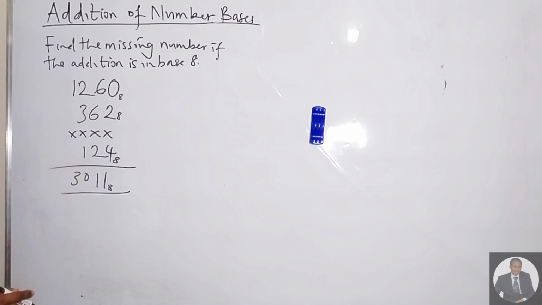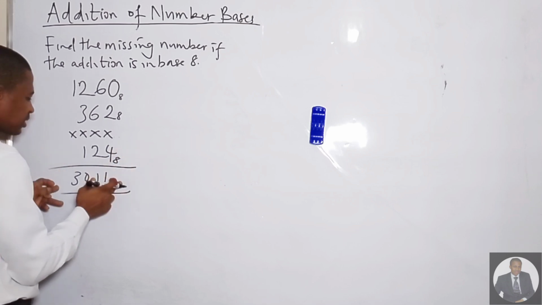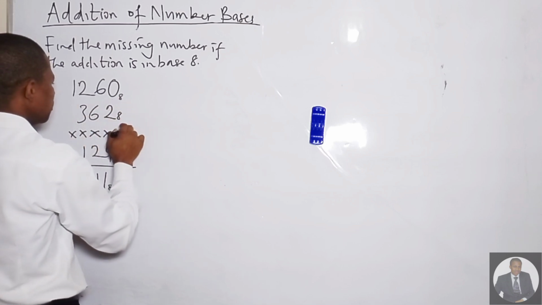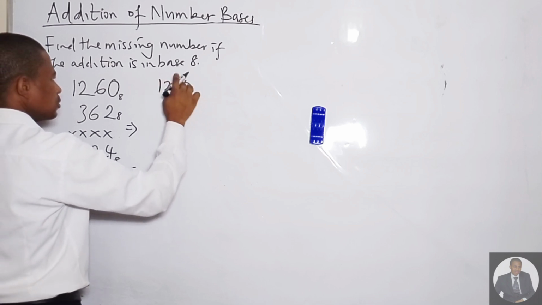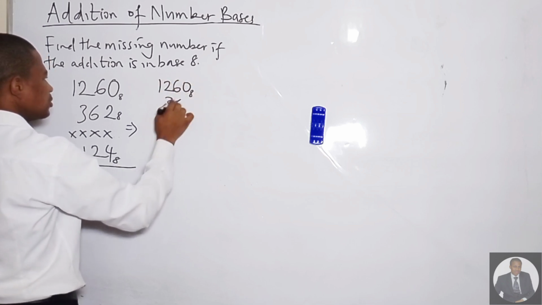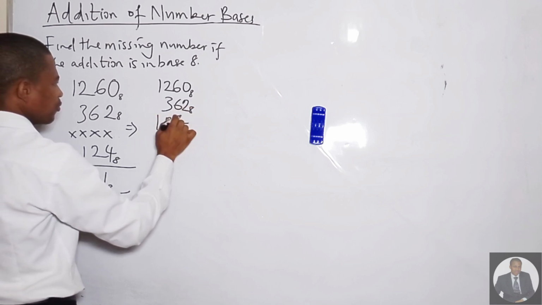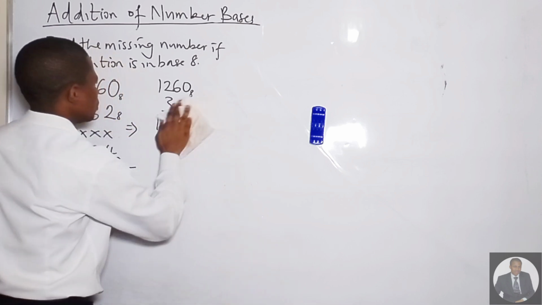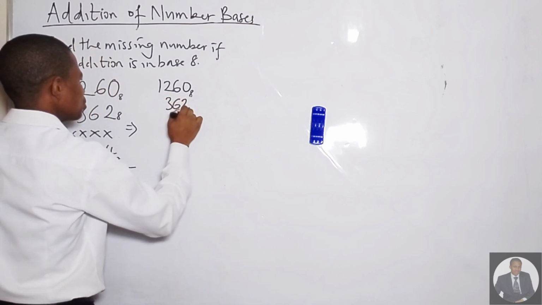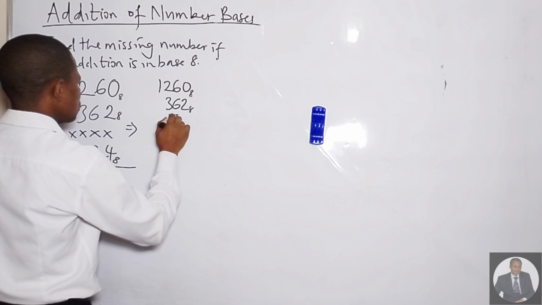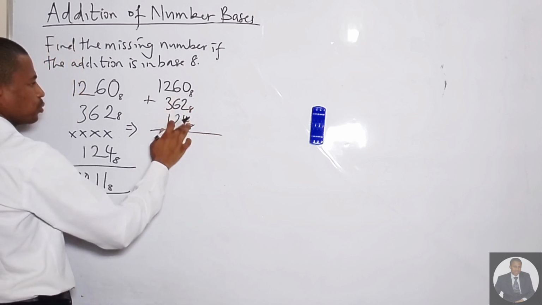What do we do in a case like this? We first of all add what we have, then subtract it from here, all in base 8. We have 3, 6, 2 base 8 and 1, 2, 4 base 8. 2 plus 4, 6.